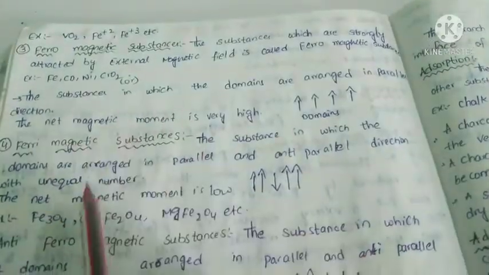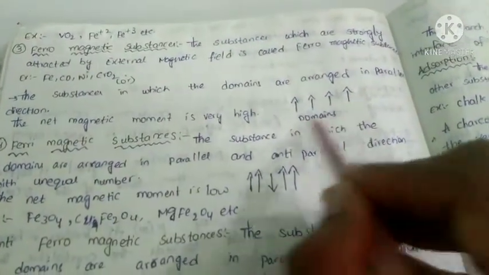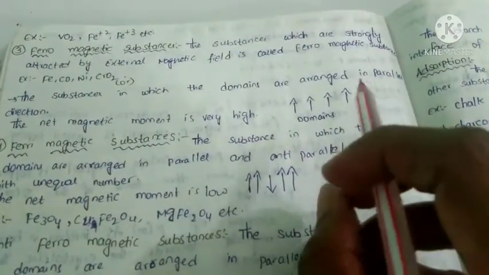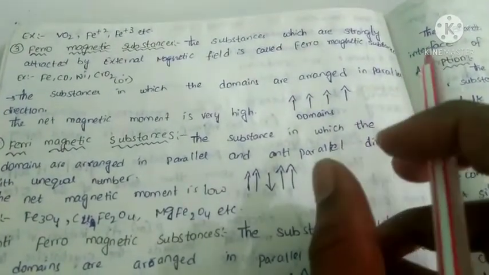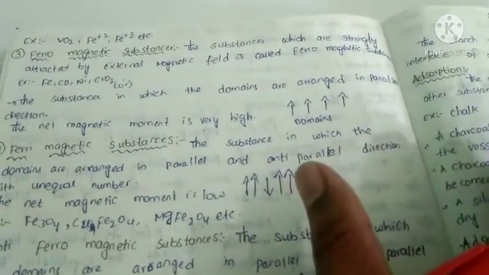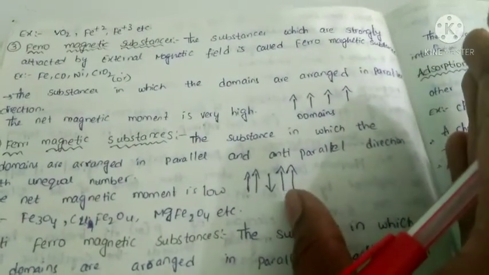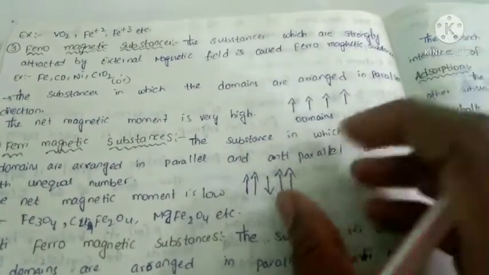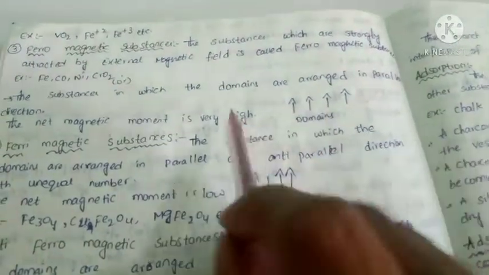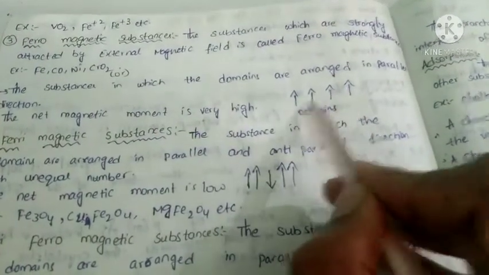Why? See, here these are domains. Domains means these substances contain unpaired electrons. When these unpaired electrons are grouping together, those are called domains. So in that substance, all these domains are in the same direction.